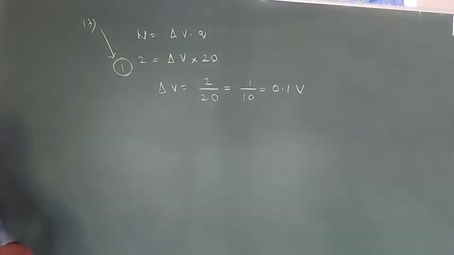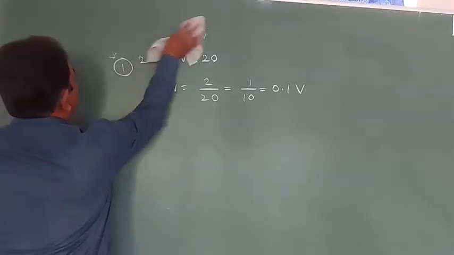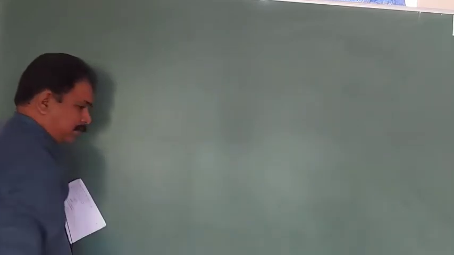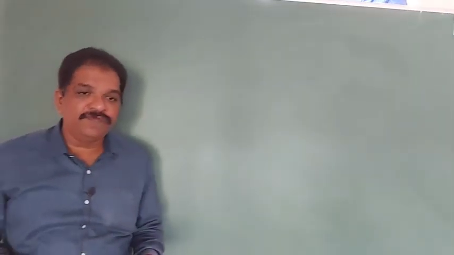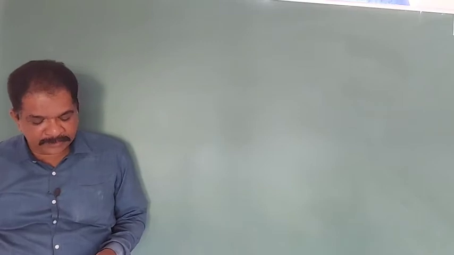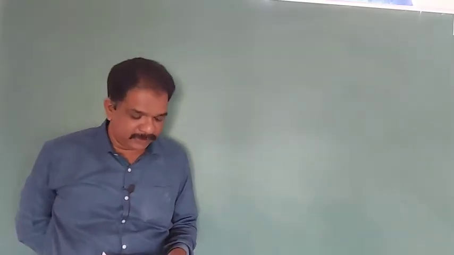Next, 14. What are they asking, see: which of the following statements is false for a perfect conductor? Which statement will be wrong for a perfect conductor? The surface of a conductor is an equipotential surface. Correct only, that is.